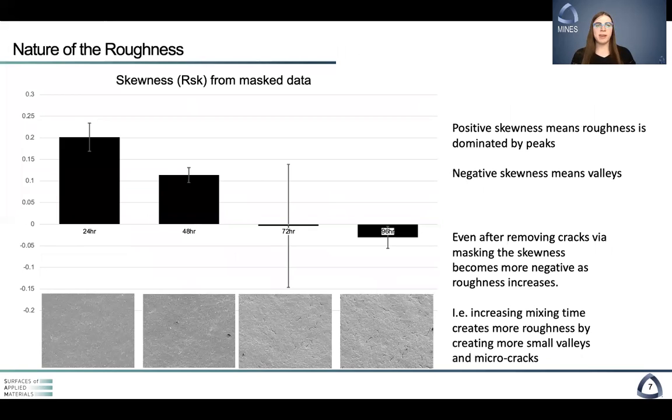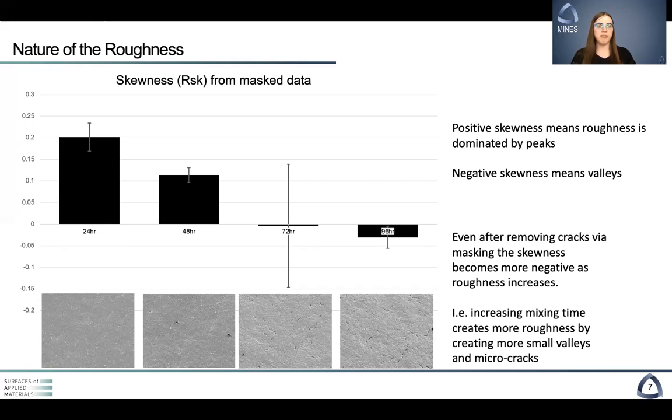So the first thing I wanted to find out was, how is this roughness changing? What is the nature of it, as opposed to just knowing that the roughness was increasing. For this, I used a measure called skewness, which essentially measures how much of the roughness is peaks and particles and bumps above the baseline surface and how much of it is valleys and cracks.